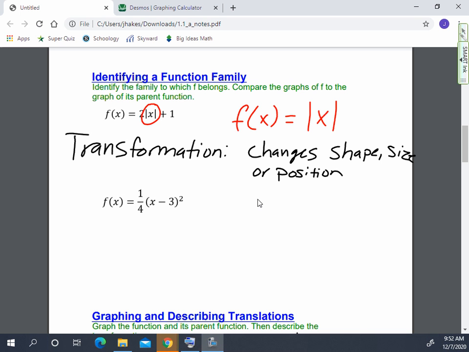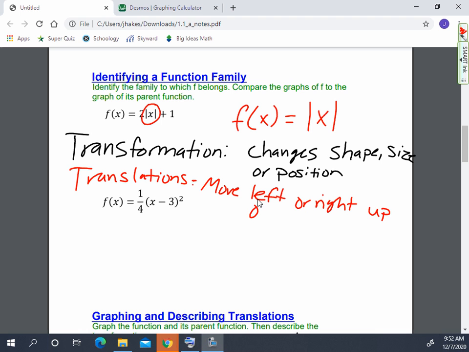Good things to know here. Translations move left or right, up or down.